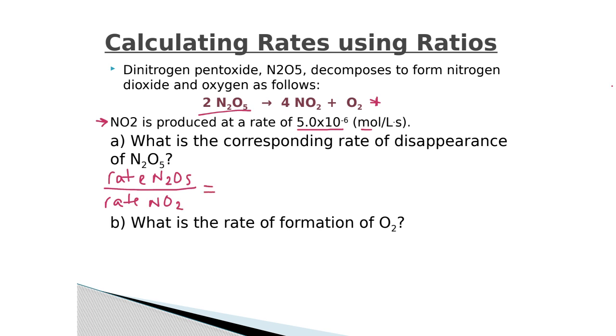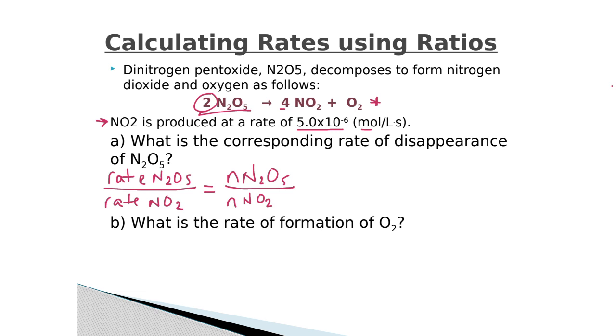And as always, when we're setting up mole ratios, we need to be aware of the molar coefficients. So this rate for N2O5 will be based on a certain molar coefficient. We're going to say that that will correspond to the moles of N2O5. And whatever the rate of NO2 is, it also corresponds to the actual fixed mole ratio of NO2.